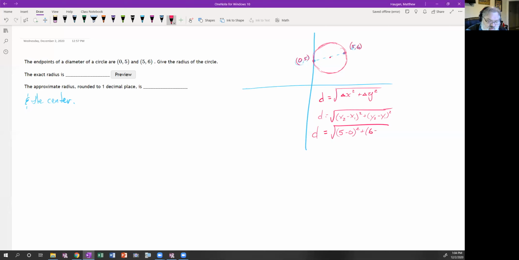Okay. 6 minus 5 squared. So square root of 25 plus 1, so square root of 26. So thus our radius is the square root of 26 divided by 2.